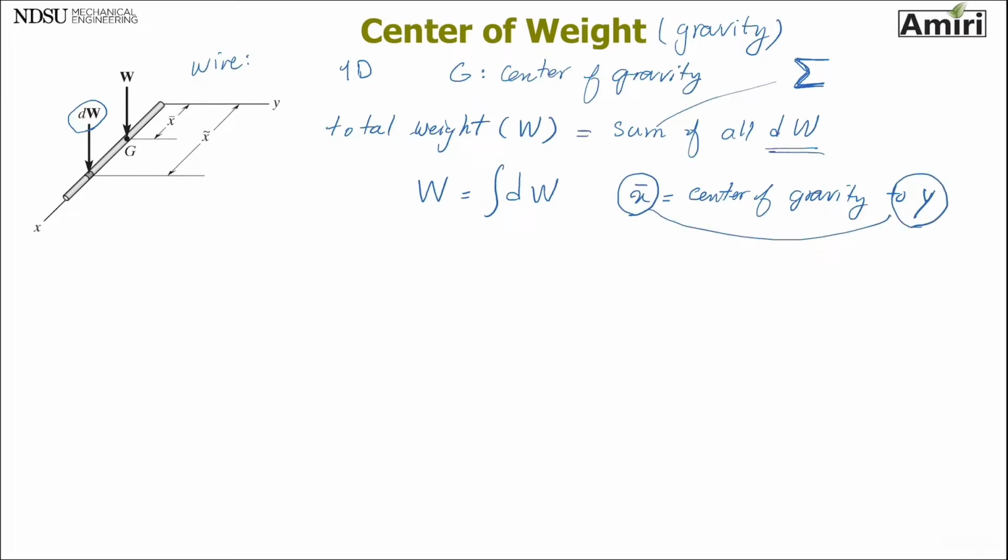So they're always opposite. And then the x with a squiggly thing on top, which we call x tilde, is the distance of dW to the y-axis. So the distance of that little differential weight to the y-axis is x tilde, and the center of gravity, the total weight location to y, is x bar.